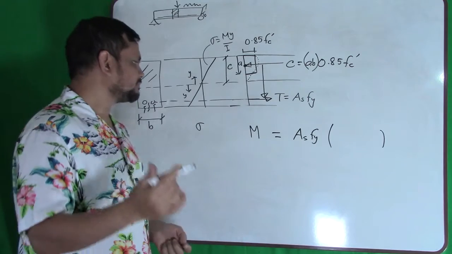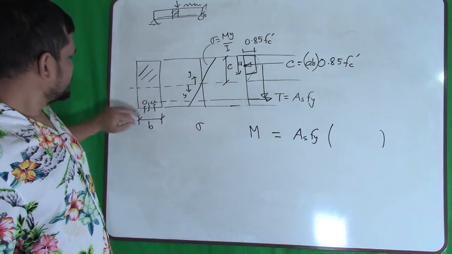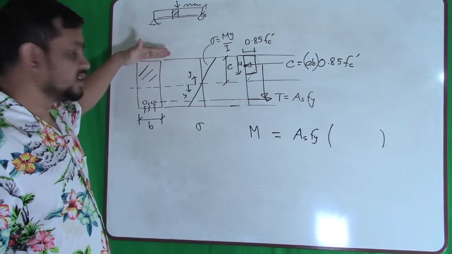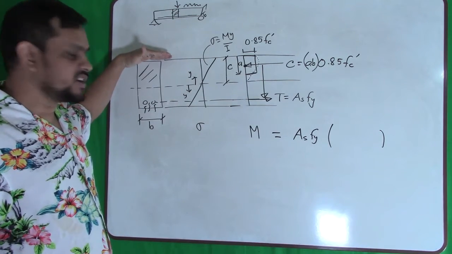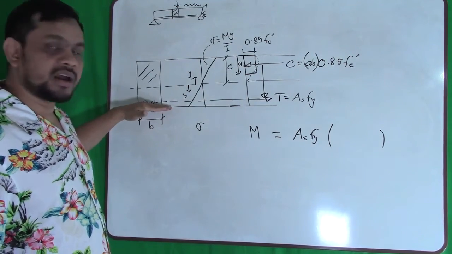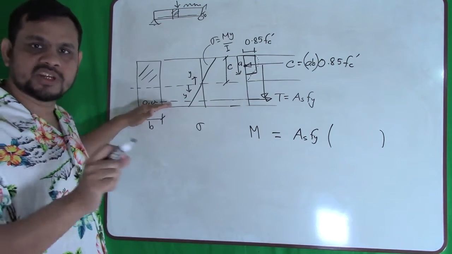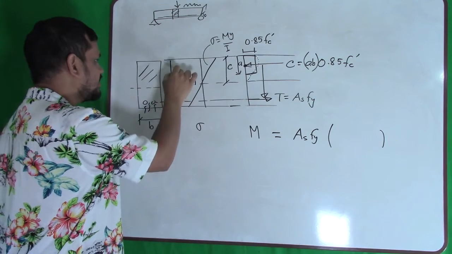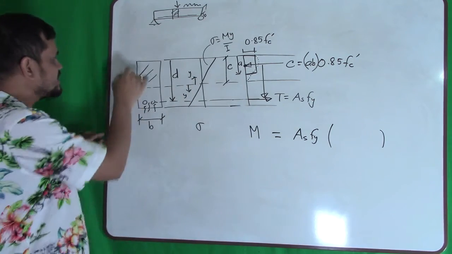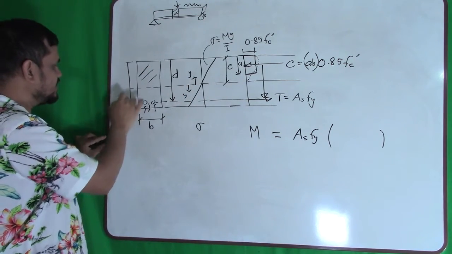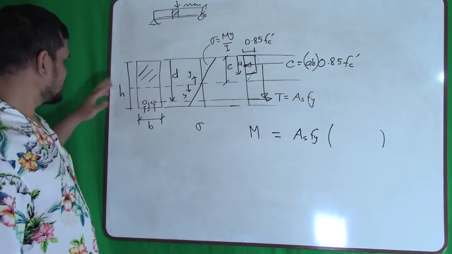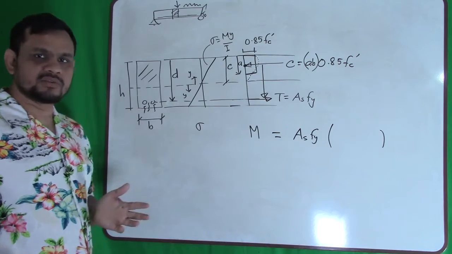So, okay, come back. The distance from the compression face to the reinforcement location is called d. So this distance is called d. The entire depth is called h. Sorry, I did not tell you earlier, but okay, it is not too late.